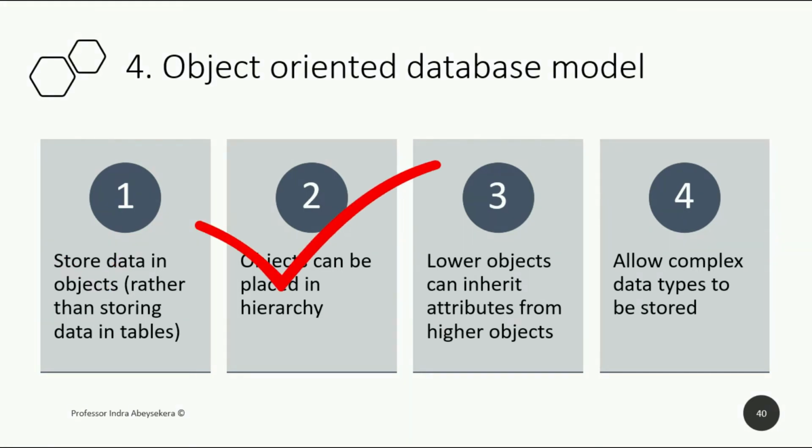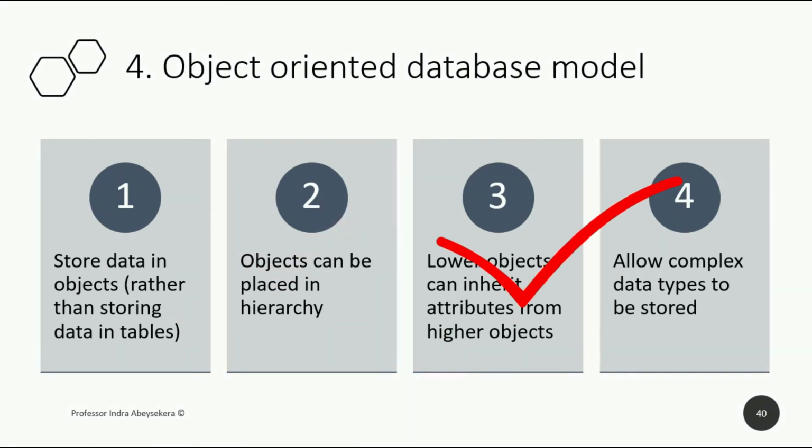The lower objects can inherit attributes from the higher objects, so there are common identifiers between the lower and the higher objects, and it allows complex data types to be stored.